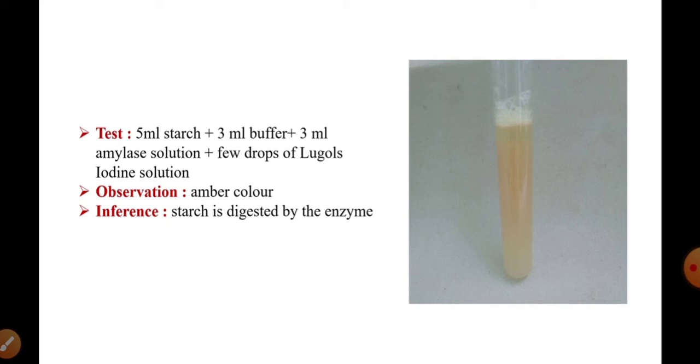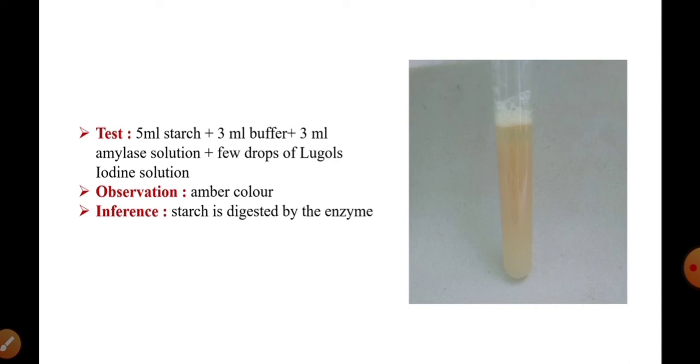Now why does the color remain amber? Here, as we had added enzyme amylase solution, the starch is digested by the enzyme. And as the starch is digested, even after adding Lugol's iodine solution, the color did not change to bluish black. Okay, so this was the first test tube.